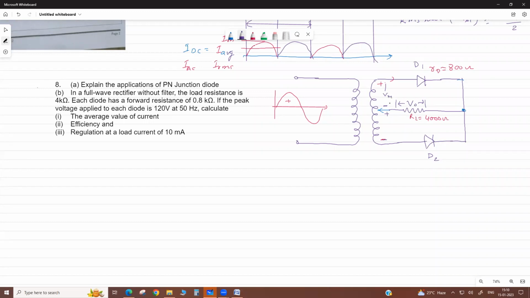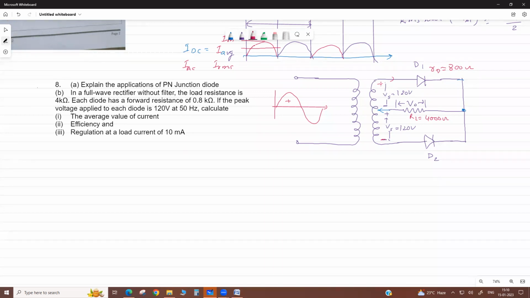The maximum peak value is given, Vm. Supply voltage peak value, Vs. This supply voltage across each diode is 120 volt. This is the peak value.